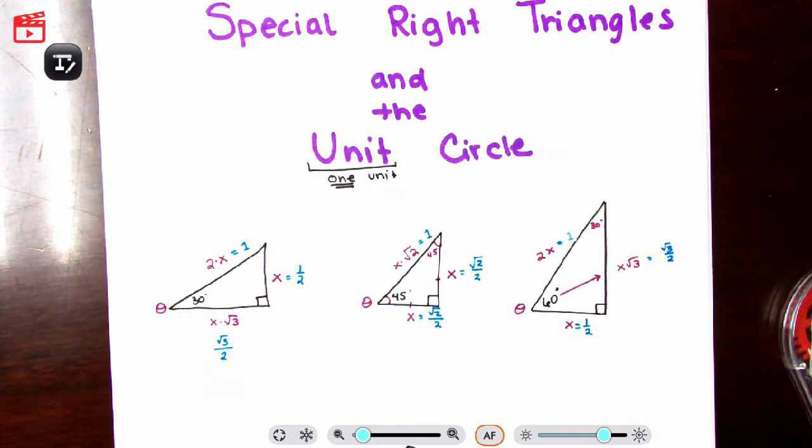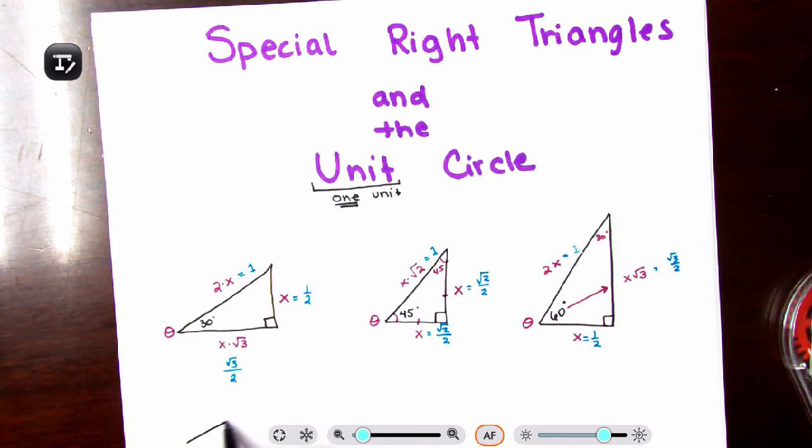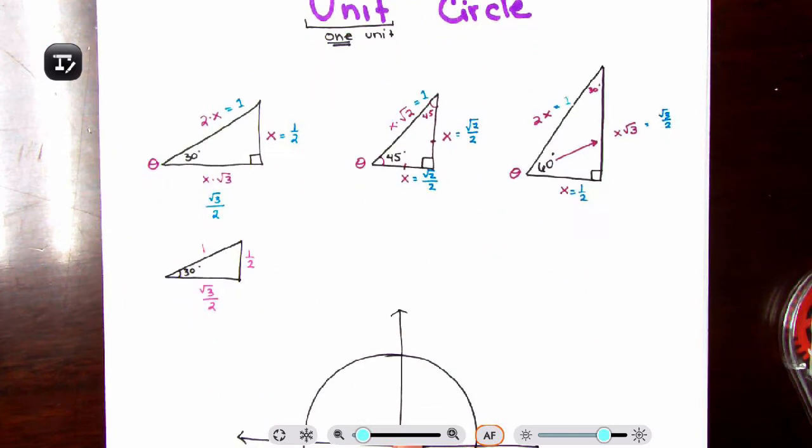So I'm going to redraw the triangles here real quick. For our 30-degree triangle, we have a hypotenuse of 1. Let's actually change that to a different color. We have a hypotenuse of 1. We have a leg of 1/2, and we have root 3 over 2. Let me shift that up just a little bit.